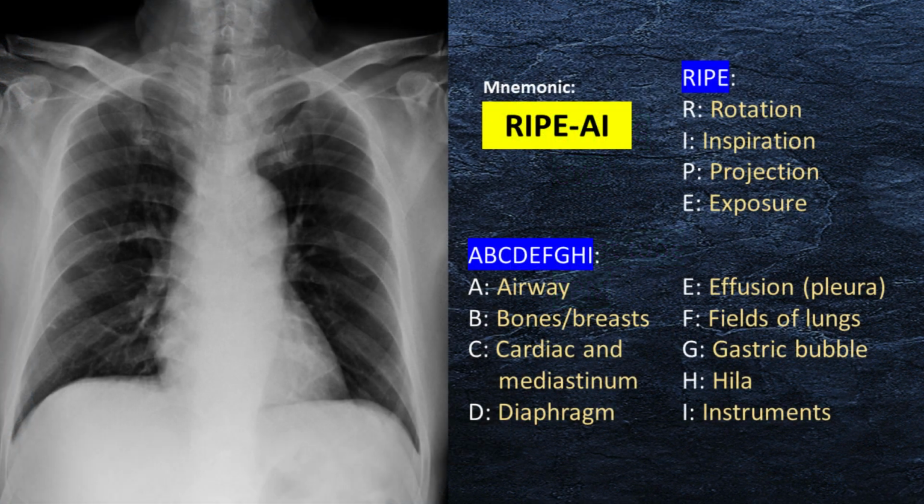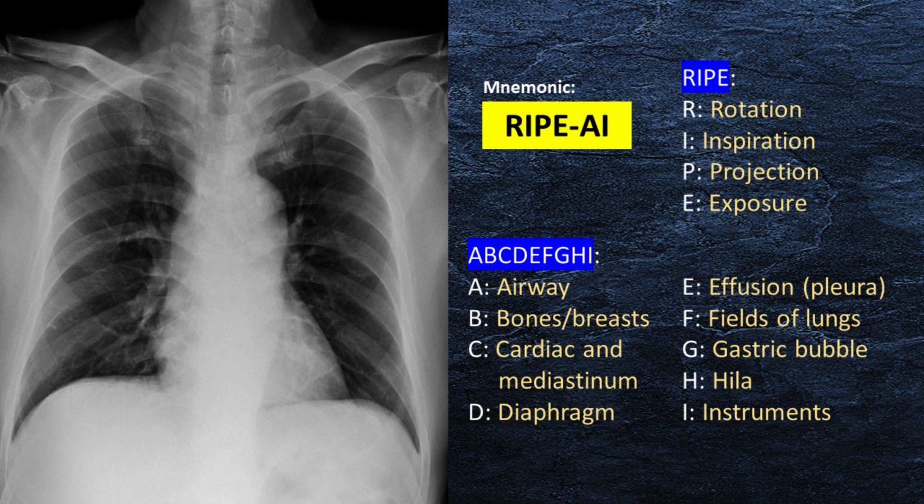In summary, the mnemonic RIPE AI provides a systematic approach to interpreting chest X-rays. RIPE is a mnemonic used to assess image quality, where R stands for rotation, I stands for inspiration, P stands for projection, and E stands for exposure.